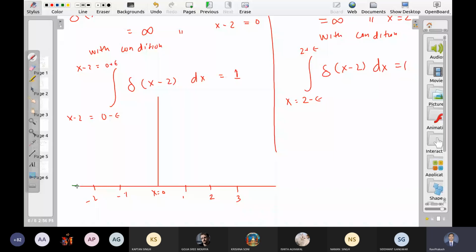Right at x is equal to 2, it is a curve of a negligible width, something like this. The width is very close to 0 and the height is almost close to infinity. And it again becomes 0. And how much is the area under this curve? Area has to be 1. So this is delta x minus 2.